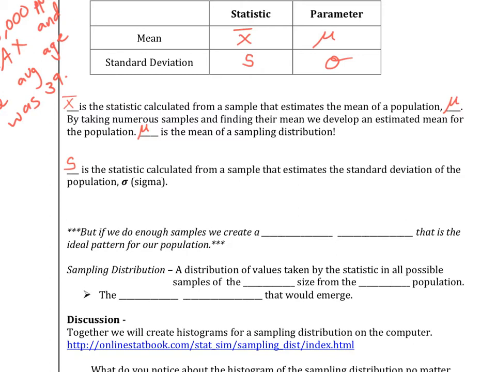Okay, but if we do enough samples, we create a sampling distribution that is the ideal pattern for our population.